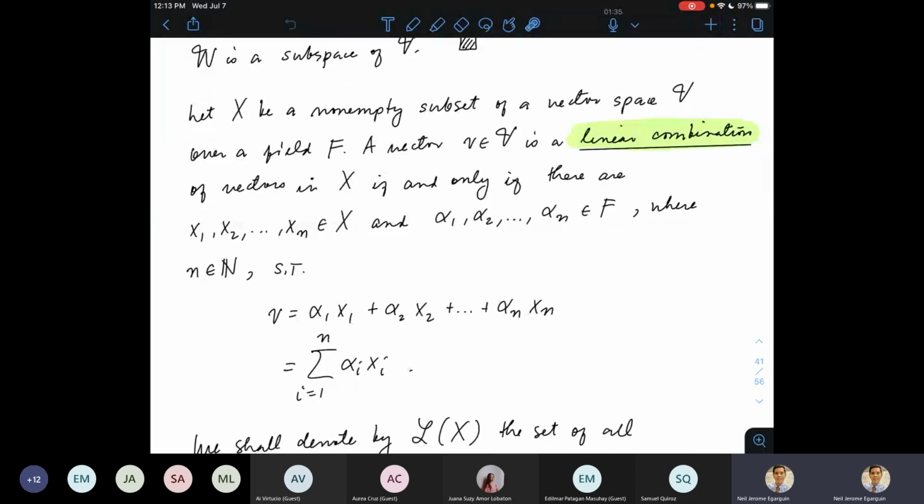Okay, here we define a linear combination. This is a generalization of the concept of linear combinations that you might have seen before.